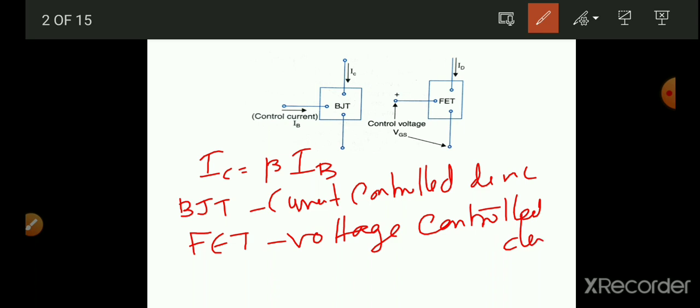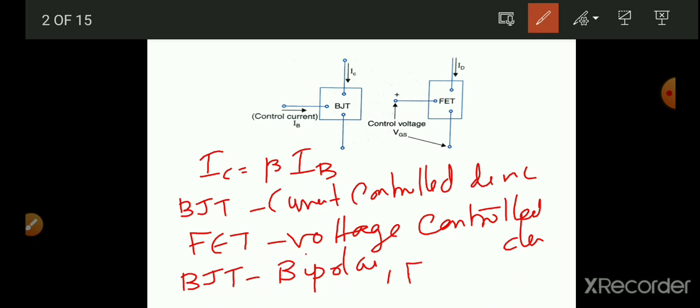BJT is a bipolar transistor. Bipolar means current flow is due to both majority carriers and minority carriers. But FET is a unipolar device. So we can write BJT is a bipolar device because the current flow is due to both majority carriers and minority carriers.